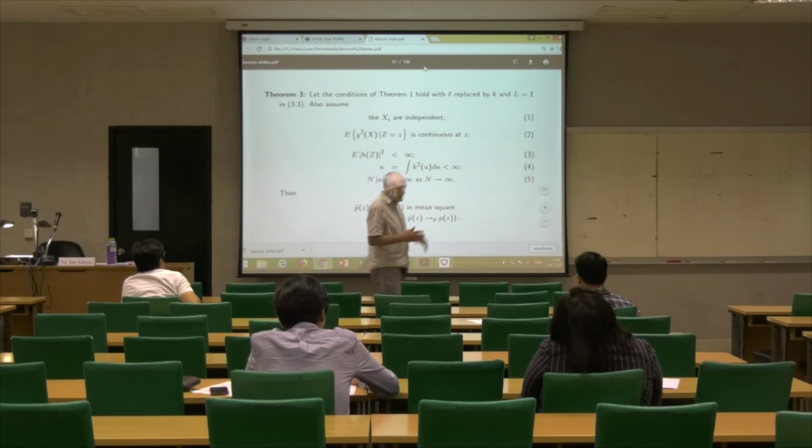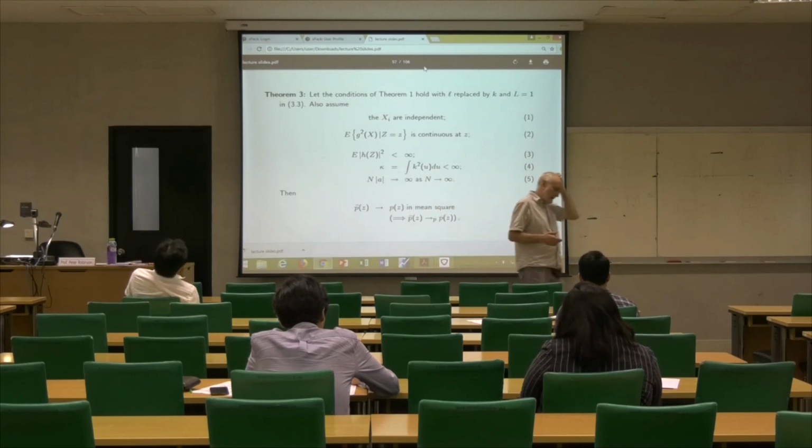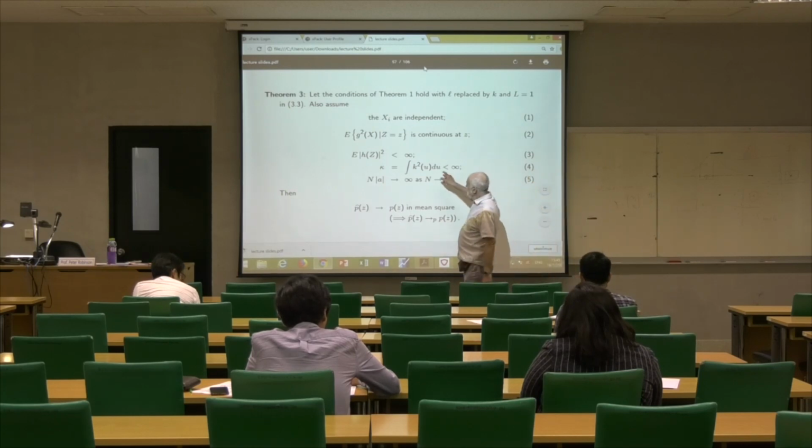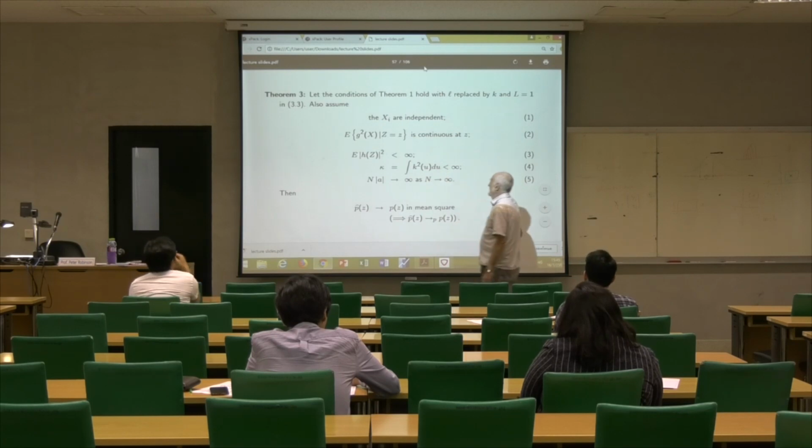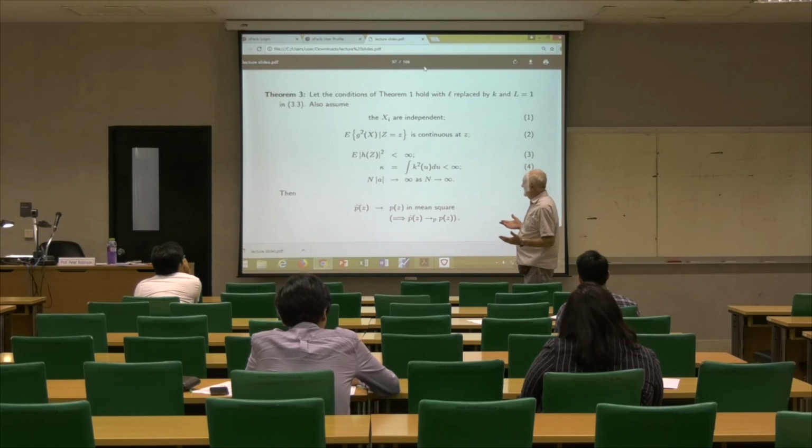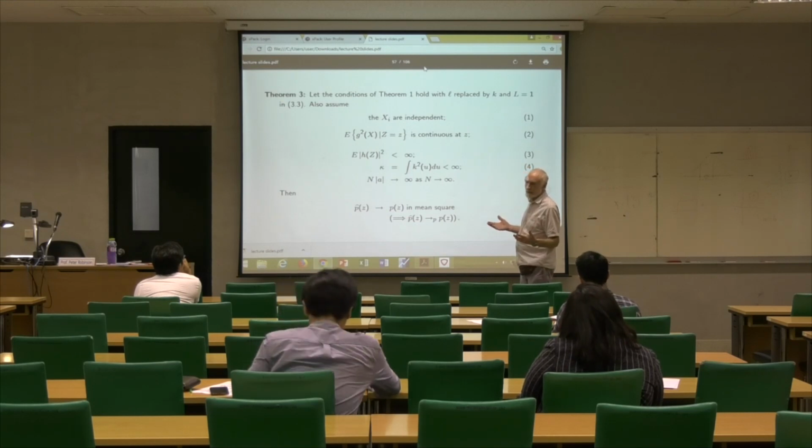These are obviously stronger conditions, but they're not too onerous perhaps. Also, we need the kernel to be square integrable. This is again a minor condition that we're going to know whether it's true or not. We're not going to choose a kernel that doesn't satisfy that. We can easily check that condition.